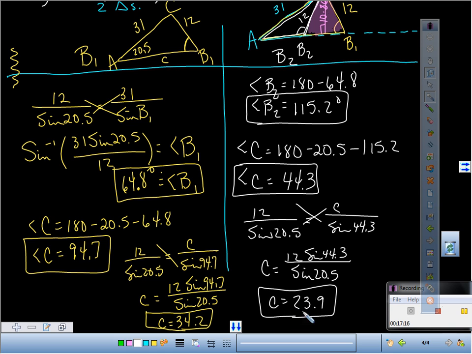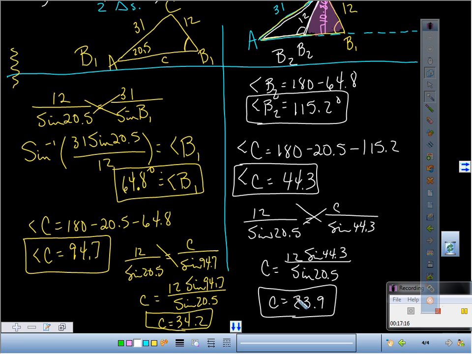And that's it. Okay? Now, how many problems is that? One. It's one problem. Got a lot of parts to it, but it's one problem. It said find all the missing parts, but dadgum, we had 2 triangles, right? So you had 6 missing parts. You're going to have to slow down.